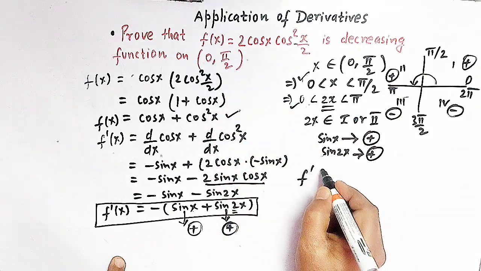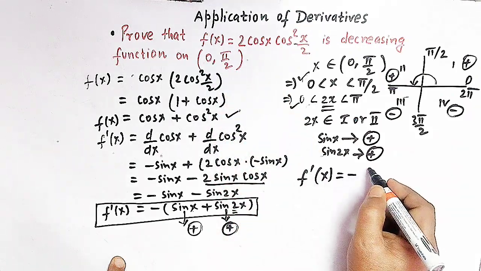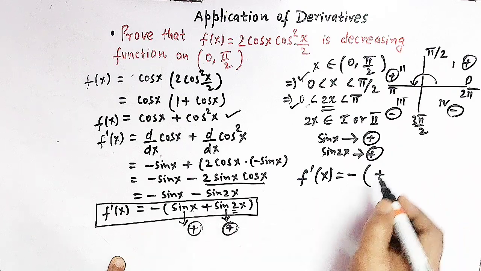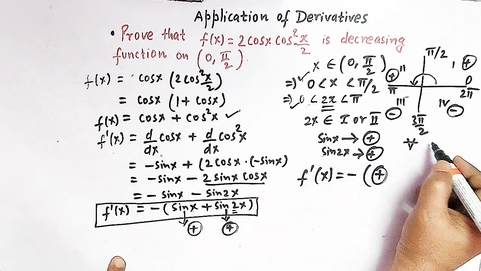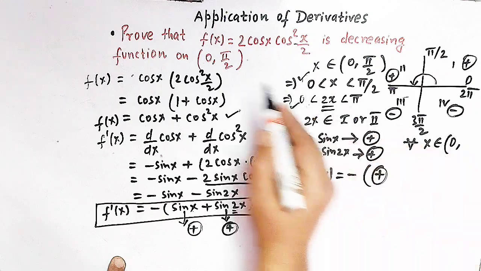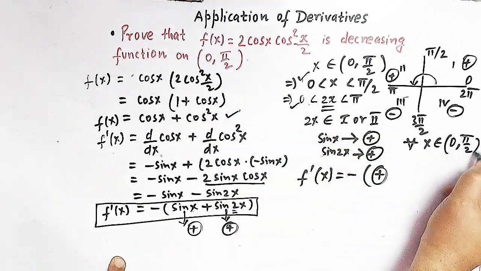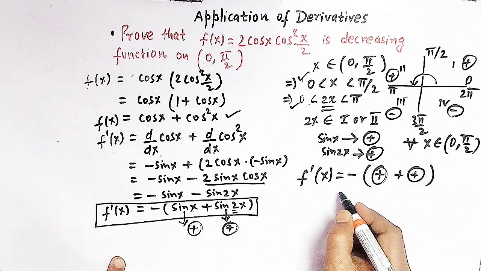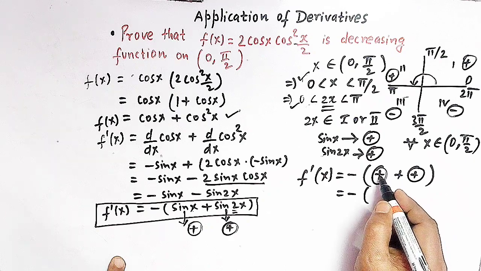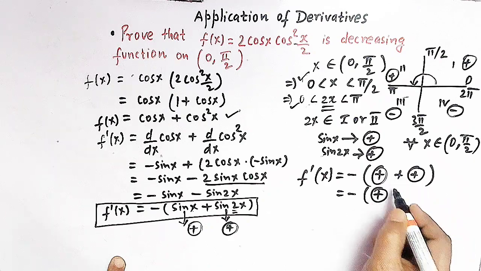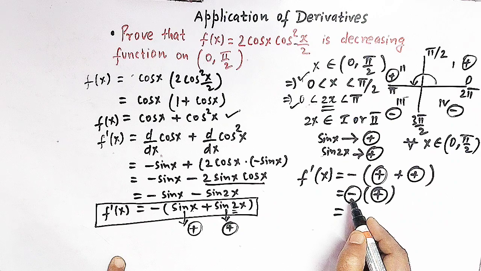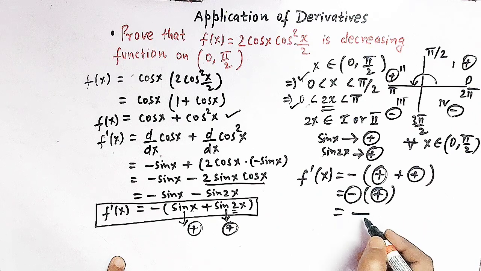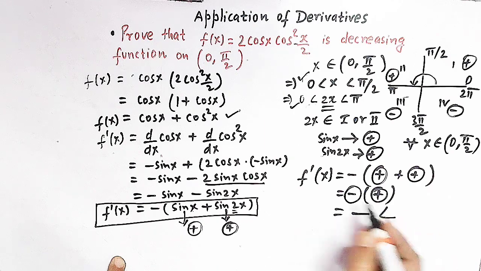So now we can write f prime of x is equal to minus, and here we have a positive number for all x belonging to the interval 0 to pi by 2, and here sine 2x is again a positive number. So we have minus, and the sum of two positive numbers is positive, and when we multiply negative and positive, then here we get a negative sign, and this suggests that f prime of x is less than 0.